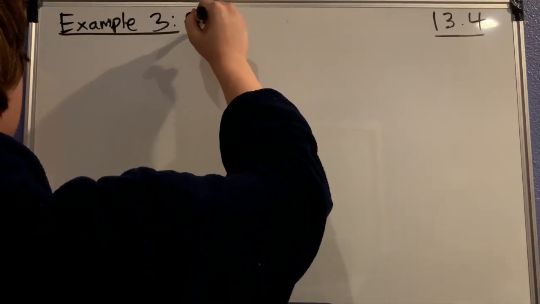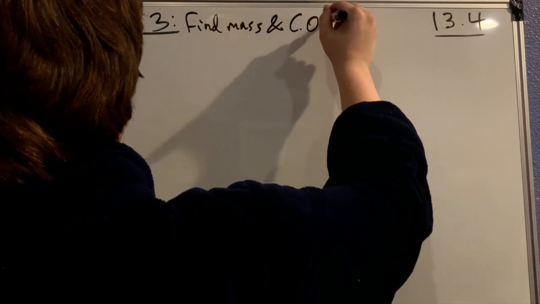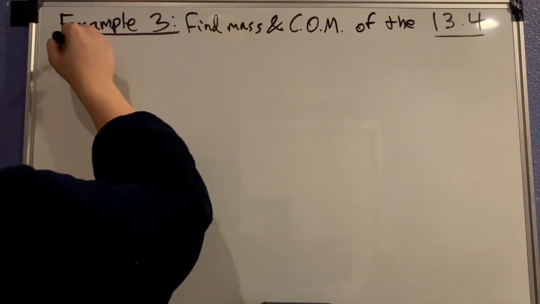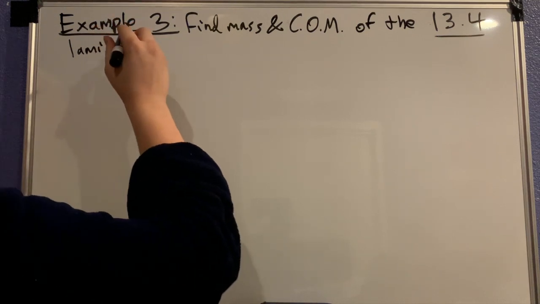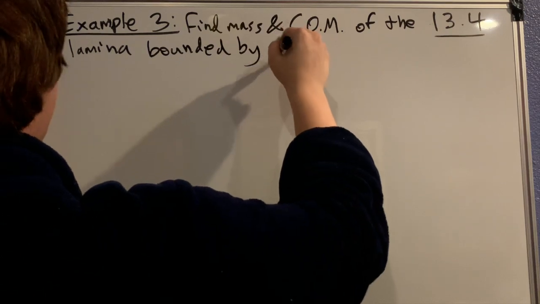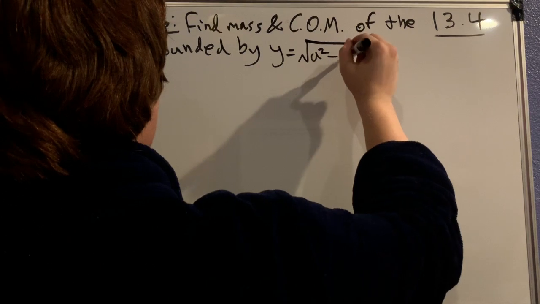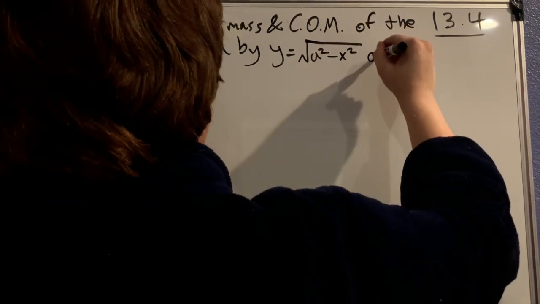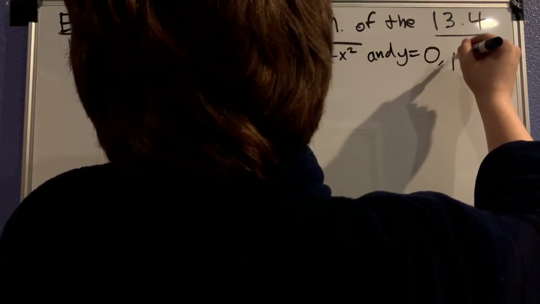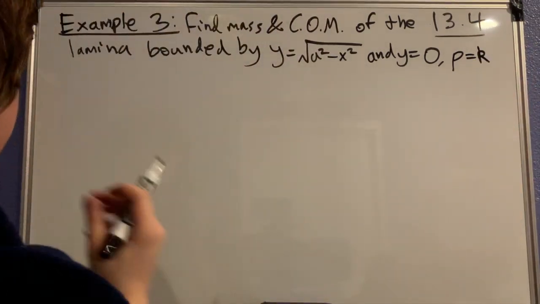Find mass and center of mass of the lamina bounded by y equals the square root of a squared, which is just a constant, minus x squared, and y equals 0, where the density is constant, equal to constant k.